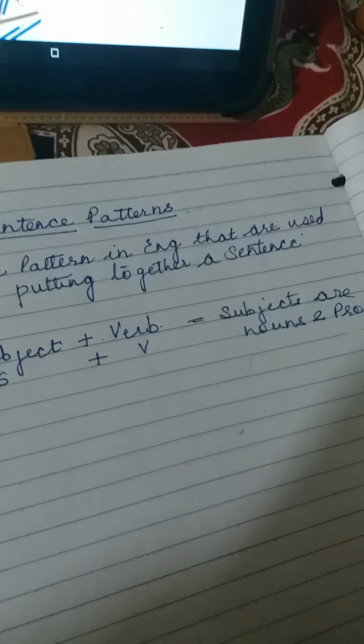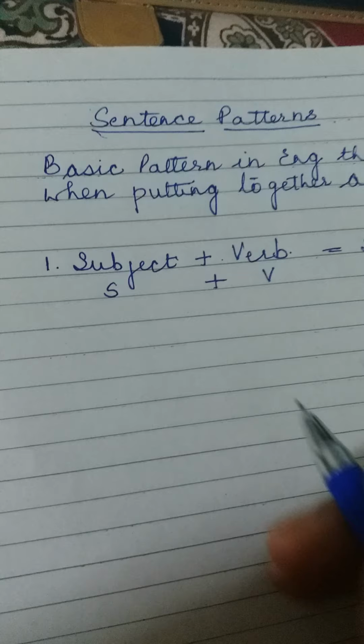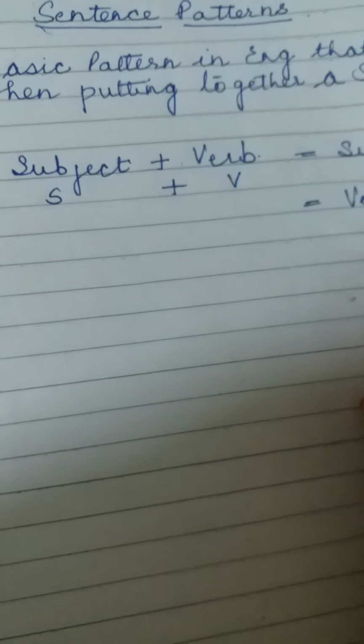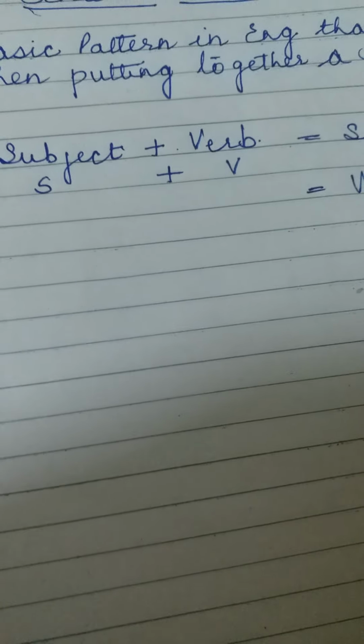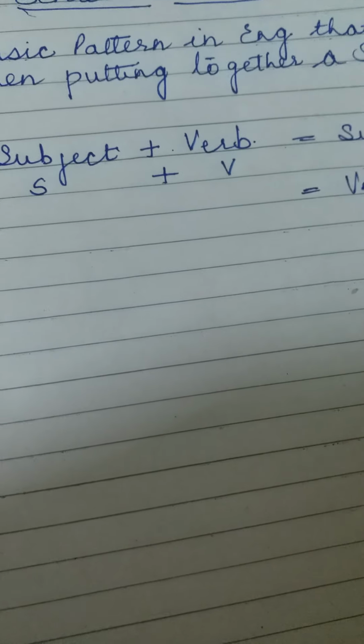In nouns we have many things, but here we have only nouns and pronouns. And what is a verb? Verbs are action words, like play, dance, etc.